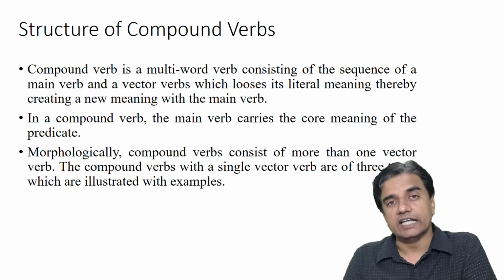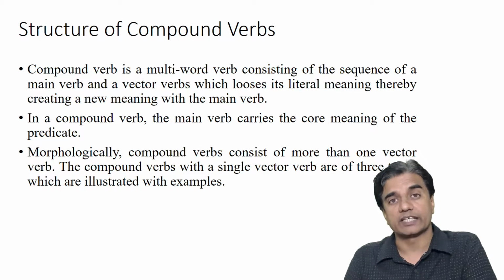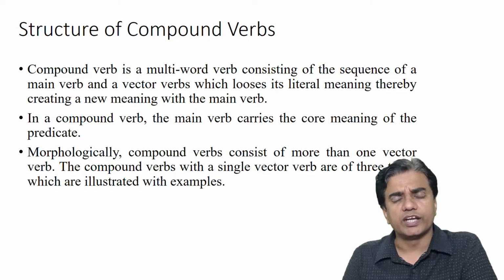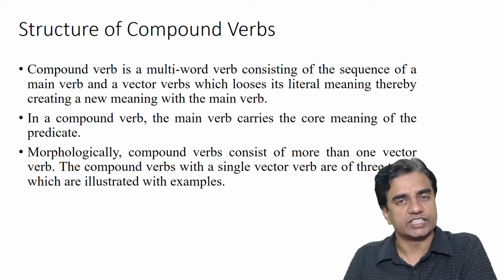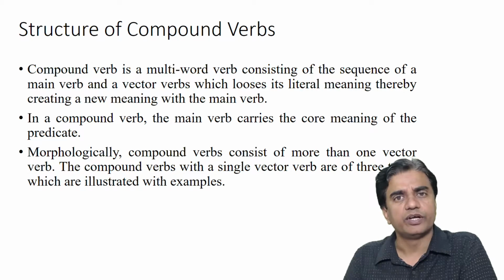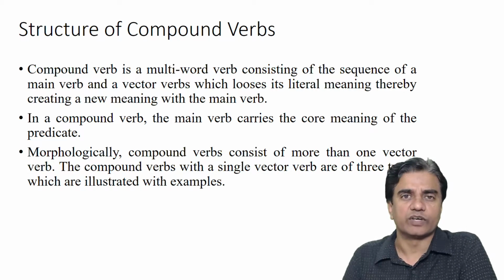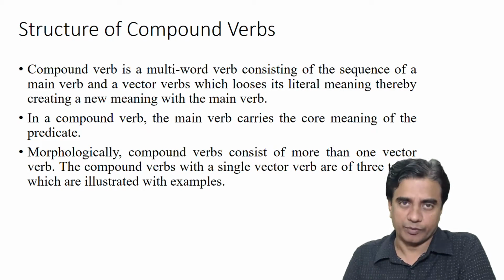However, native speakers of the languages where complex predicates or compound verbs are found would definitely agree that there is a difference between the meaning of a simple predicate and a complex predicate, but it is hard to tease it out. Now, it is this aspect of compound verbs which has drawn the attention of several scholars to look at what it is that we call a compound verb.